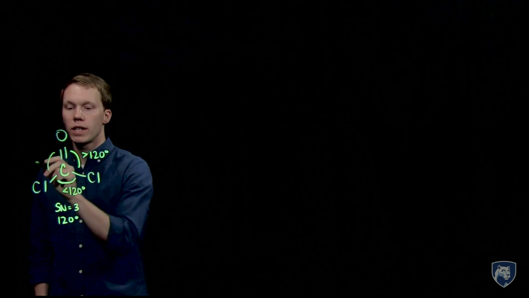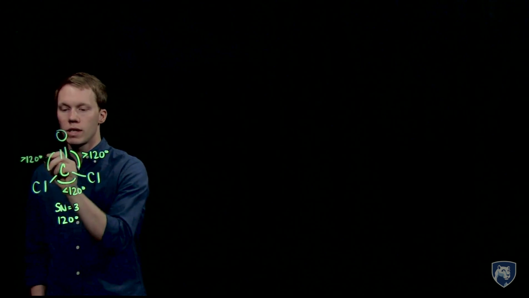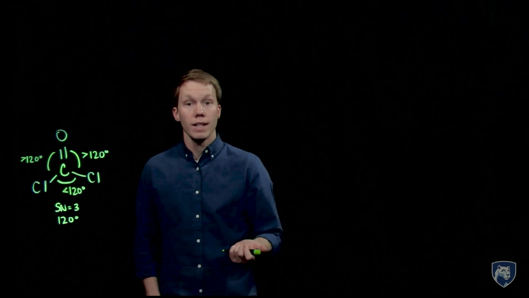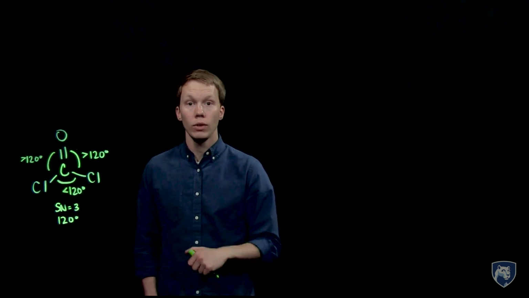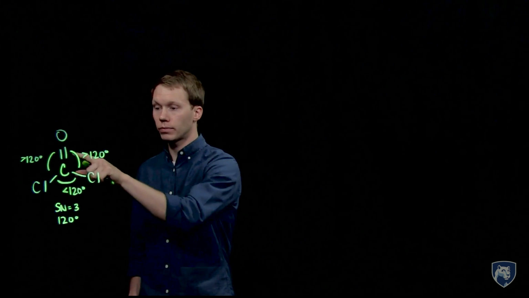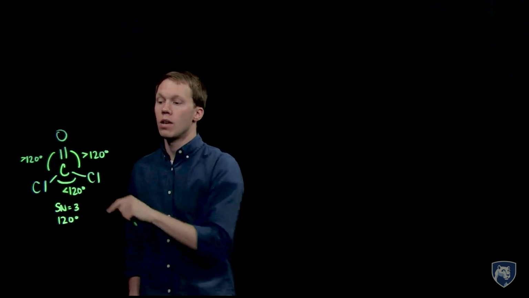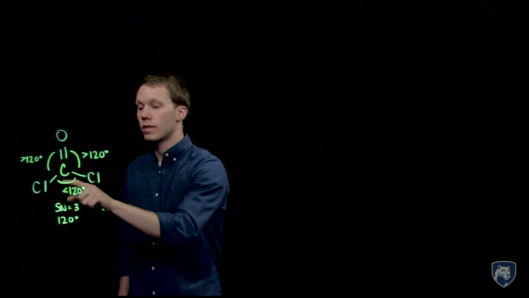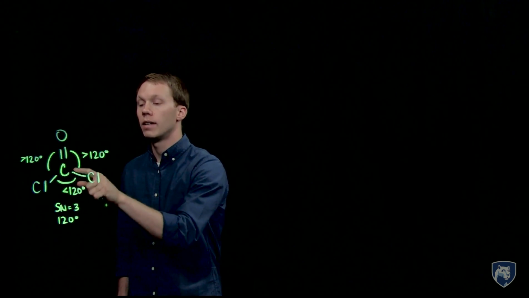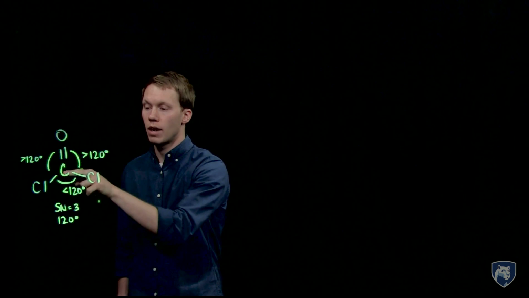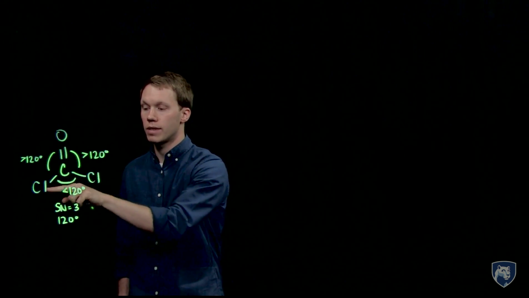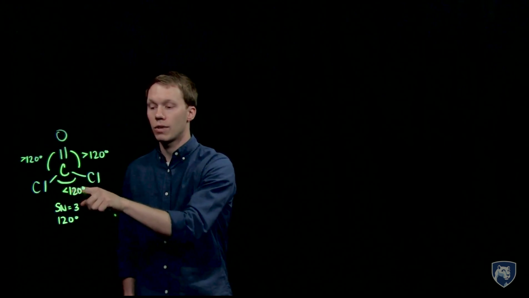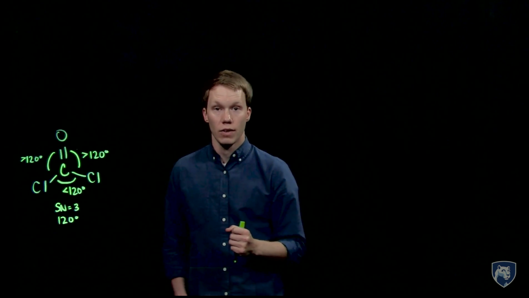And likewise over here, we would expect greater than 120 degrees because that angle does include the multiple bond. So we can say that angles that include the multiple bond, such as these two, will be larger than the ideal angle. And then angles that do not include the multiple bond, there has to be one present about that atom, but this angle, the Cl-C-Cl angle, doesn't have a multiple bond in there. So that angle has to be smaller than the ideal angle.